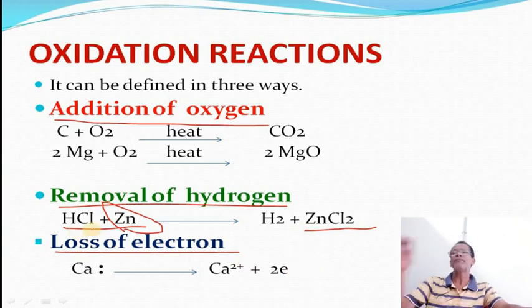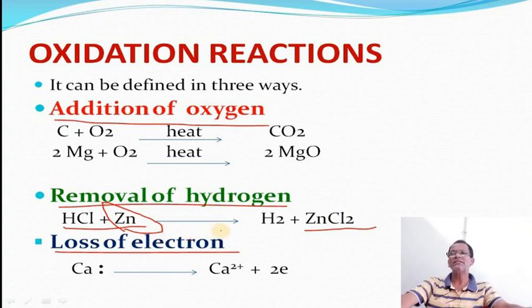That means here zinc is oxidized, because in this reaction hydrogen is lost from HCl. That's why we can say in ZnCl2 there is no hydrogen, only chlorine is there. That's why it is an example of oxidation reaction.